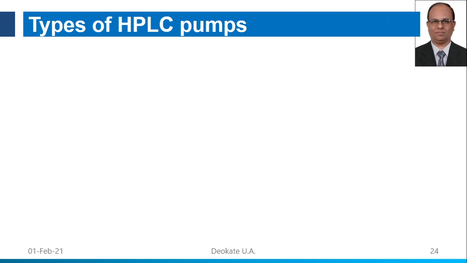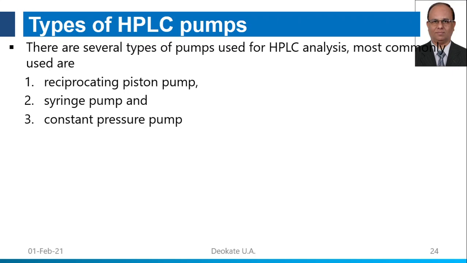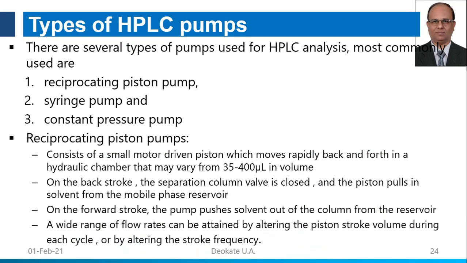There are various types of HPLC pumps used. There are reciprocating piston pumps, syringe pumps, and constant pressure pumps. We'll see the first one, reciprocating piston pumps. It consists of a small motor driven piston which moves rapidly back and forth in a hydraulic chamber that may vary from 30 to 400 microliters in volume.